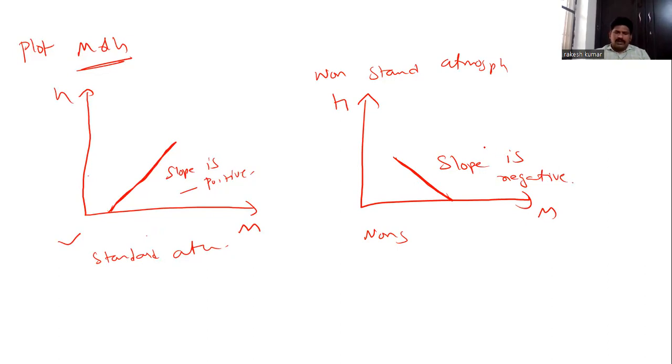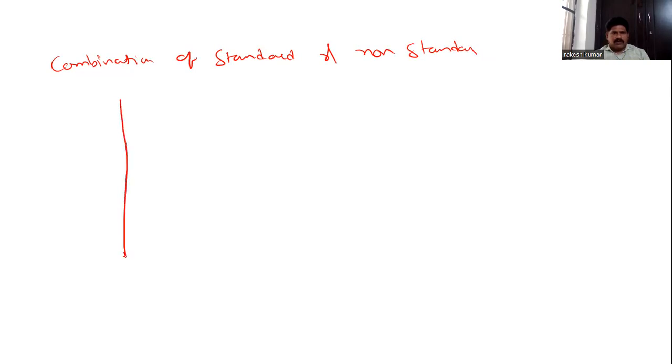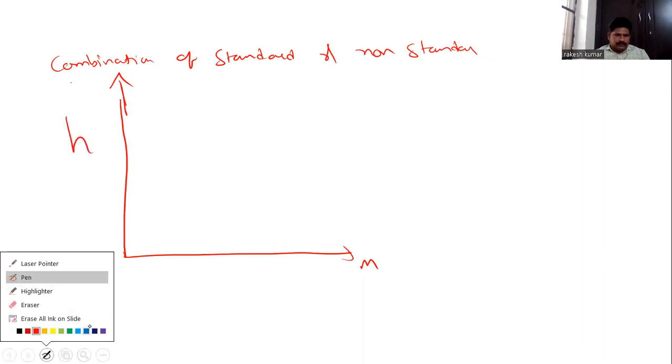Similarly, let us see the combination of standard and non-standard atmosphere, or inversion layer, graphs. I am drawing a graph. Let us consider this is M and this is H, the height above the earth surface.